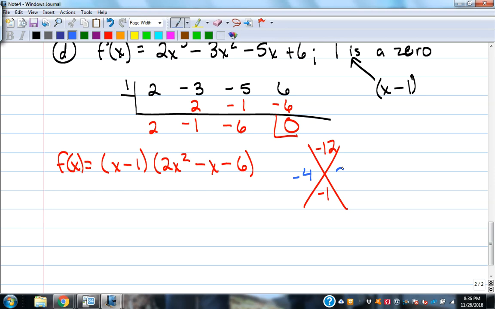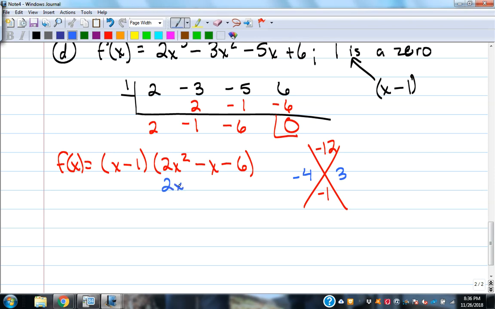I think it's -4 and +3. Well, it's just a sign issue. You got to make sure that they're going to add to be the right number. Okay, so you had the right two numbers, just had the sign swap. So make sure you're getting -4 and +3 adds to be -1. If you did -3 and +4, it adds to be +1. So you got to be careful about that.